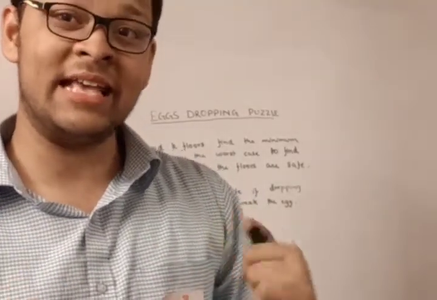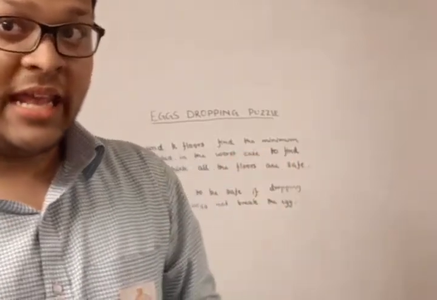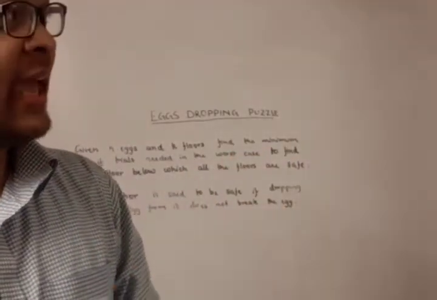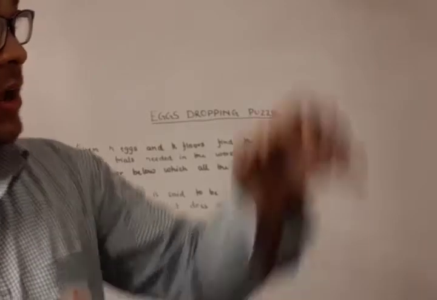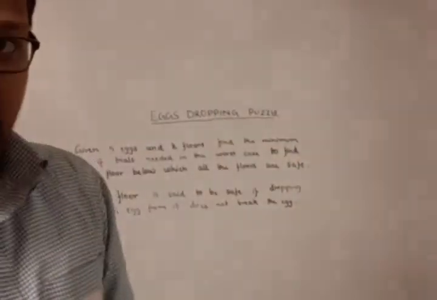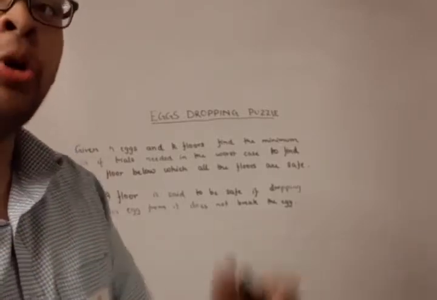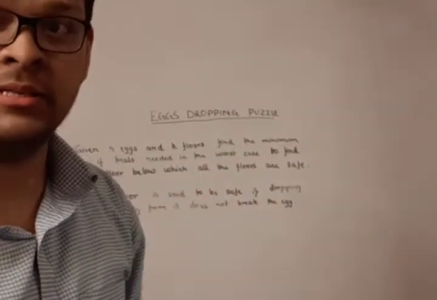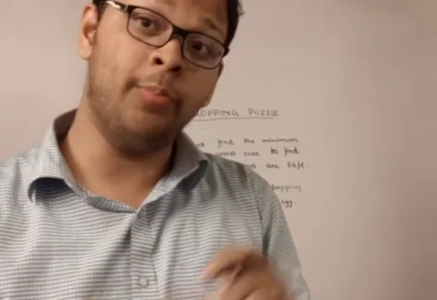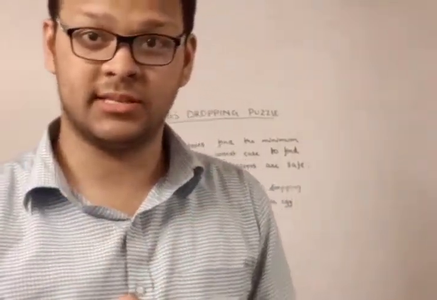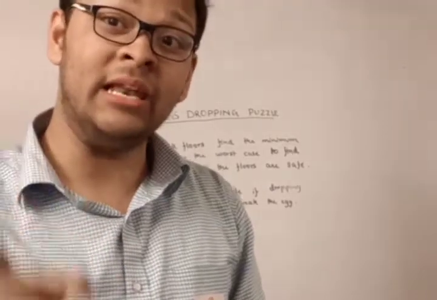So when is the egg said to be strong? The egg is said to be strong if on dropping the egg the floor breaks, and the egg is said to be weak if on dropping the egg the egg breaks. The egg and the floor are both said to be safe if none of them breaks, or if only the egg breaks.